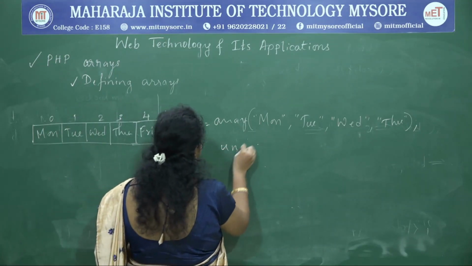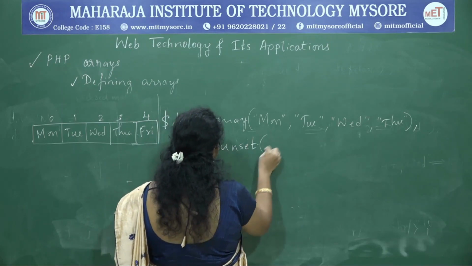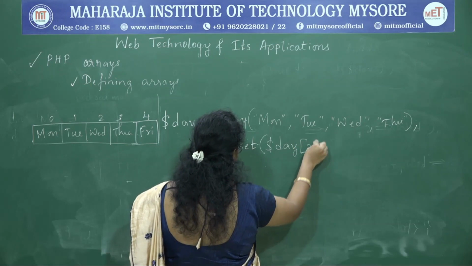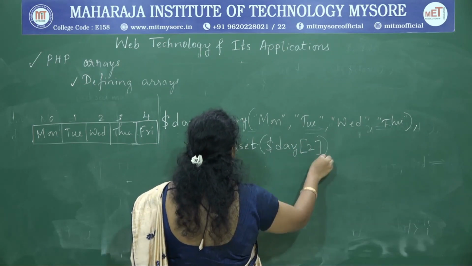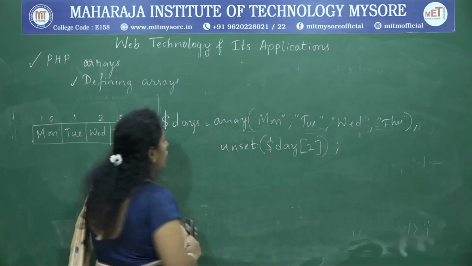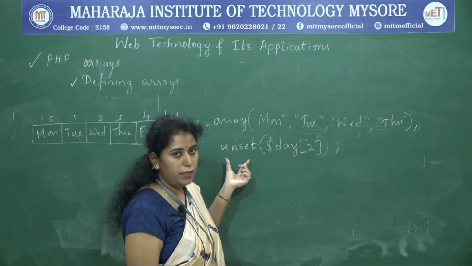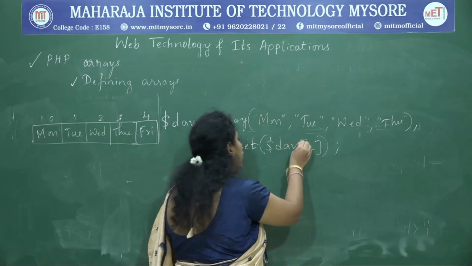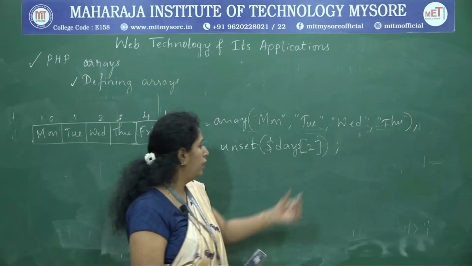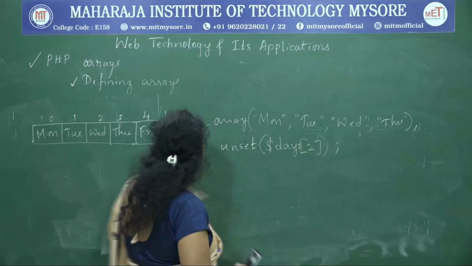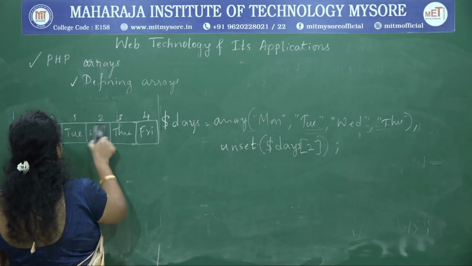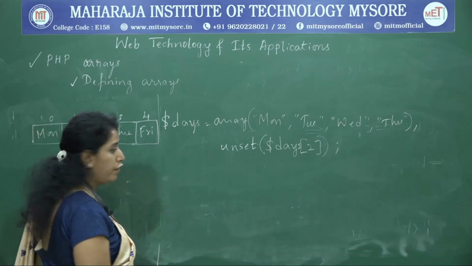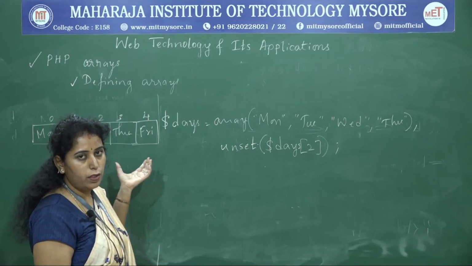Here you specify the array and also its index. Unset deletes an element from an array. Which array? The days array. Which index element has to be deleted? You specify 2. Finally, this element gets deleted, and you have created a gap now.